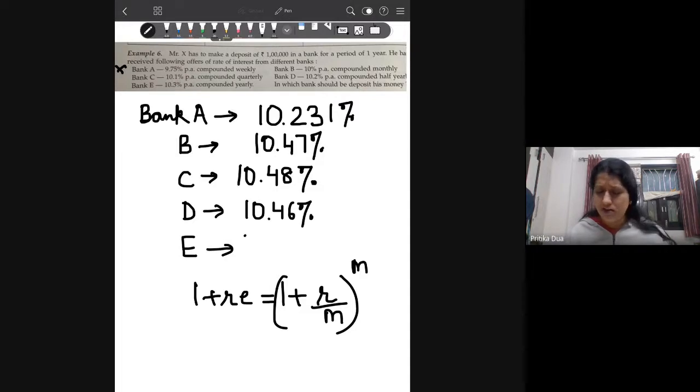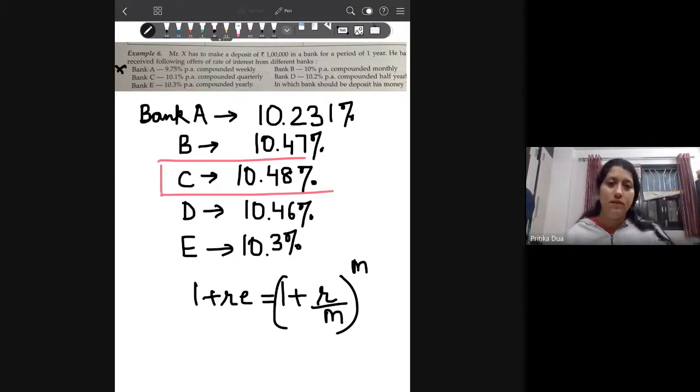And bank E is a direct case. It is already given annual compounding. So 10.3 is the effective rate of interest. So the effective rate of interest or the annual rate of interest under all these options is given to you on the screens, and we can clearly see that it is bank C which will give the maximum return on the investment of 1 year. So this should be preferred out of the available 5 options.